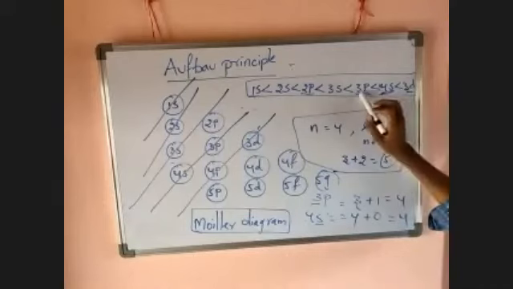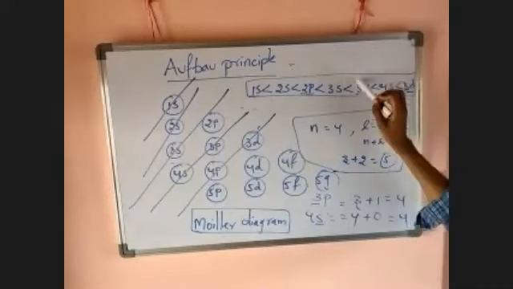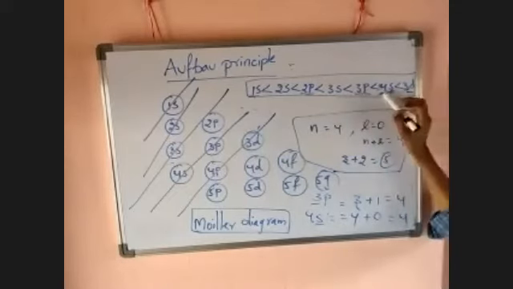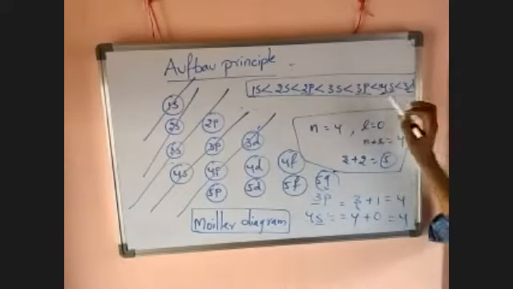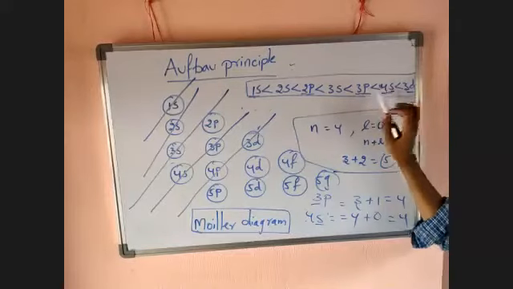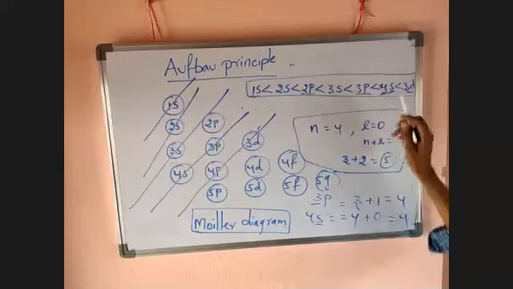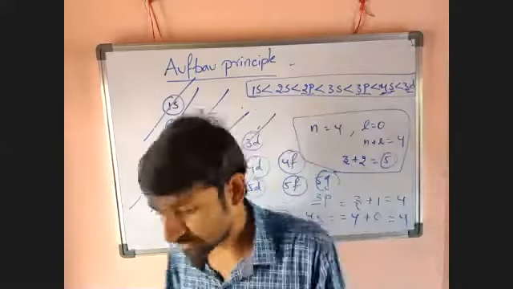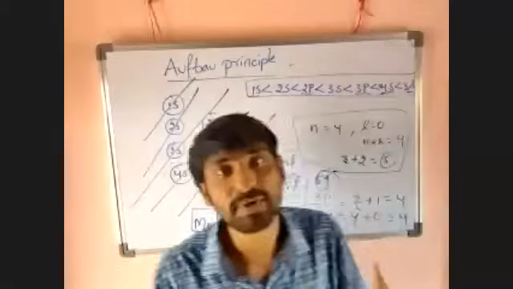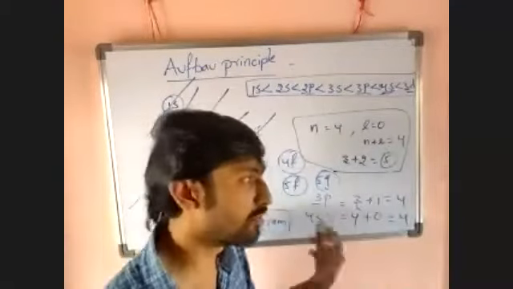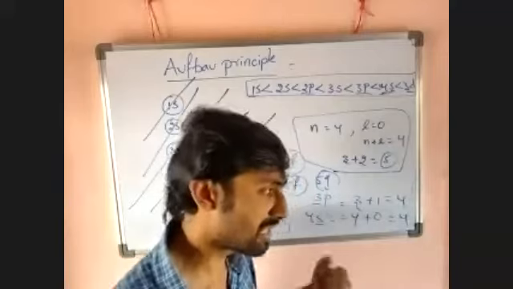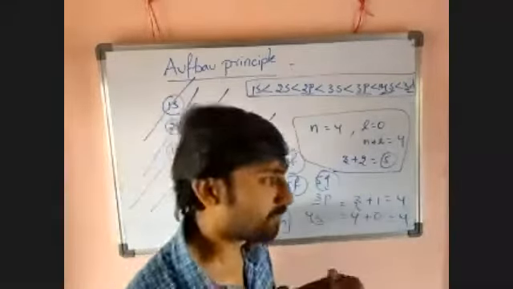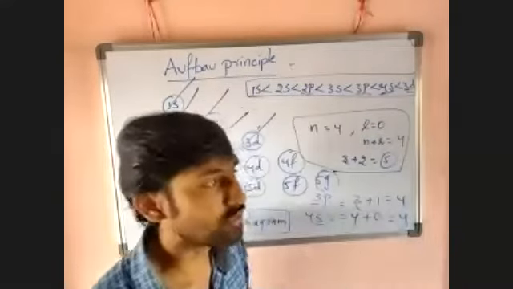So look here, 3p and 4s have the same n plus L value, but this one has n value 3 and this one has n value 4. That's why of these two, 3p has lower energy, 4s has higher energy. So first, lower and higher energy of orbitals can be decided by taking n plus L values. If n plus L value is lesser, it is the lower energy orbital. Now, if n plus L value is equal, then you must follow the rule.